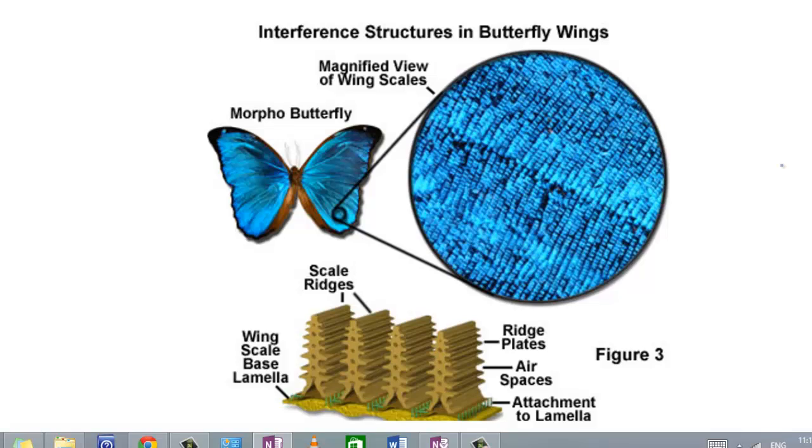In nature, we can observe them in things like butterflies. So this is an example of a morpho butterfly, which has particular ridges and scales on its wings, which cause this interference condition to occur. So you can see the dark spots are the destructive interference, and the light spots are the constructive interference.